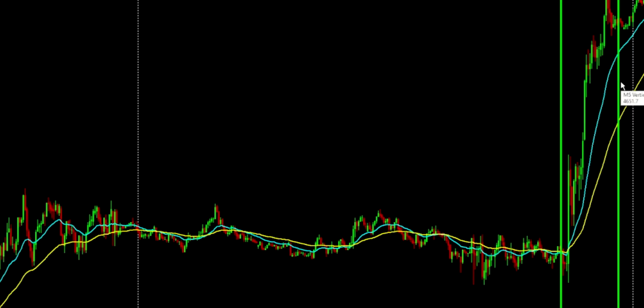Now, there are many ways of identifying when a breakout is occurring. So for example, last time we looked at these two moving averages. One is a 20 period and one is a 50 period. And as the breakout begins to take hold, you'll notice that the gap between these two moving averages increases significantly.